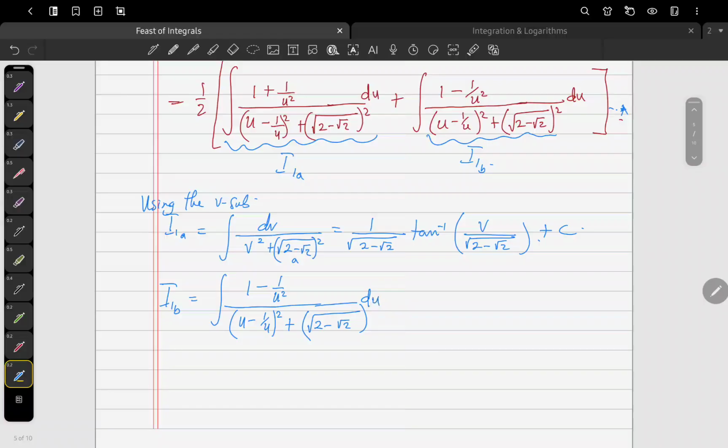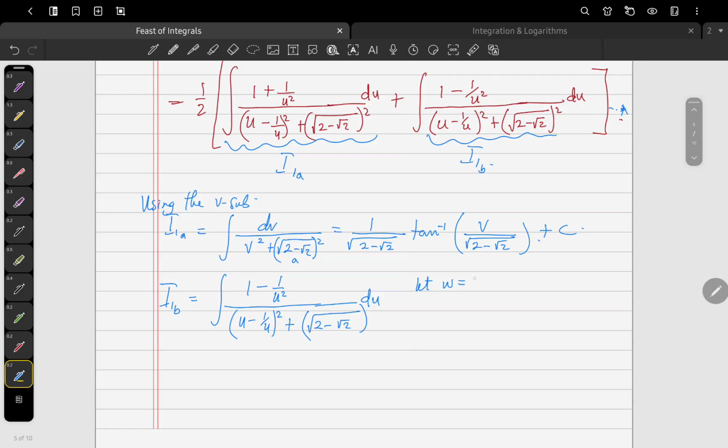Okay, so what would be an appropriate v for us to use here? We have used v the other time. Let's use w here. So let w be equal to, so what can I differentiate to give me 1 minus 1 over u squared?